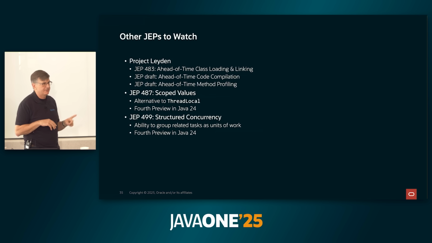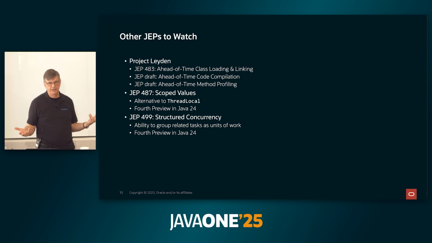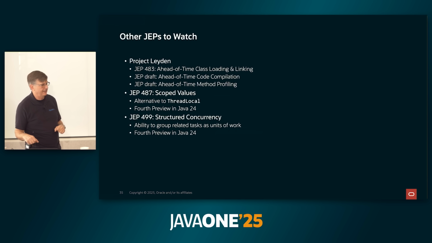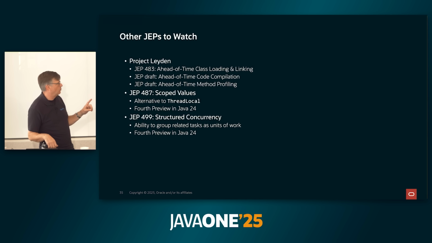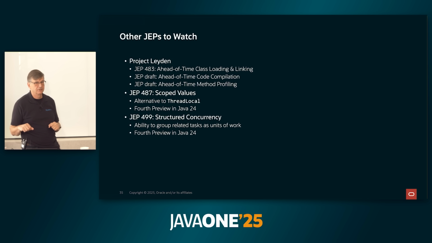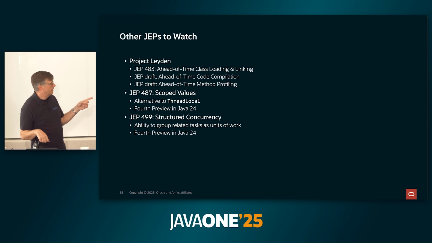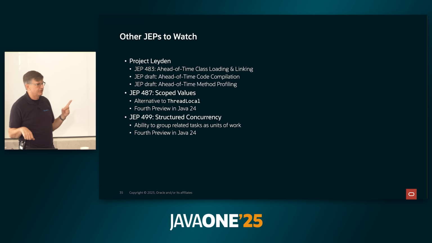Scoped values, as I mentioned, are the alternative to thread local. I think they're hoping to get this final in Java 25. So keep an eye on that. It's just a more formal, organized alternative to thread locals, so pretty much better in every way. Structured concurrency is in 4th preview in Java 24.